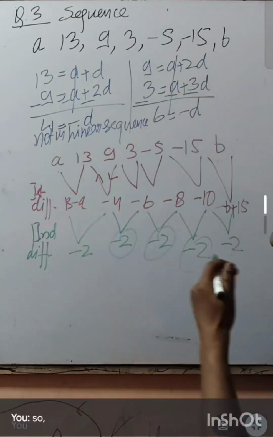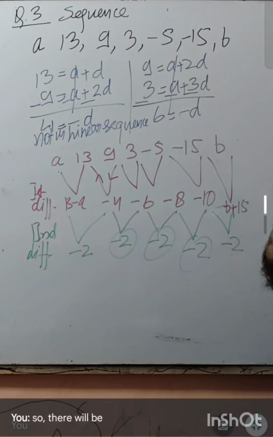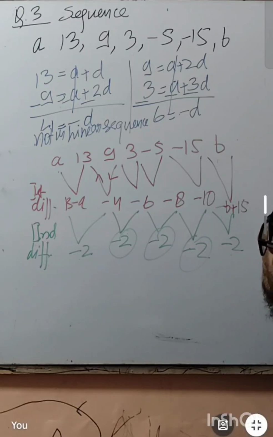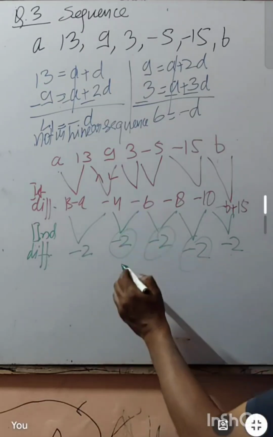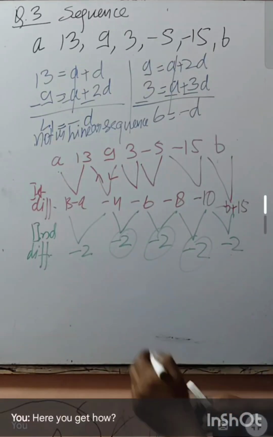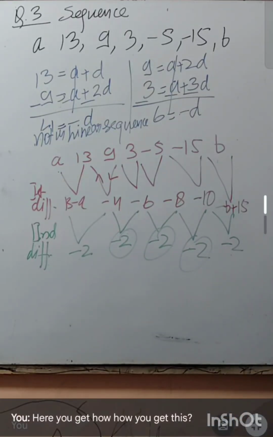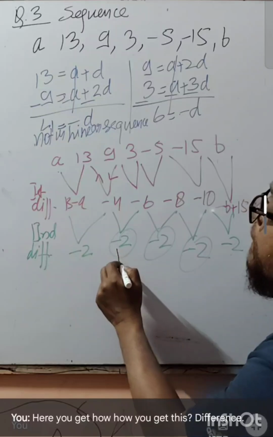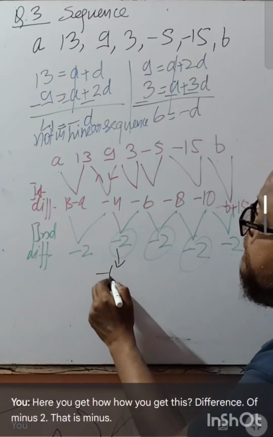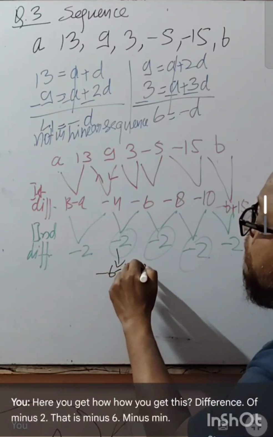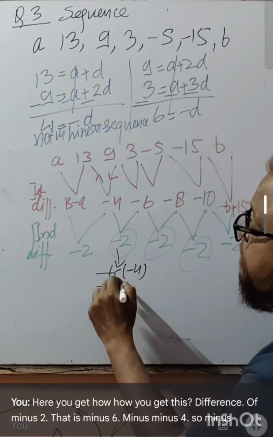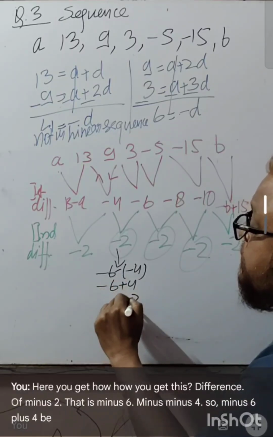Here you get a difference of -2: that is -6 minus -4, so -6 plus 4 becomes -2.